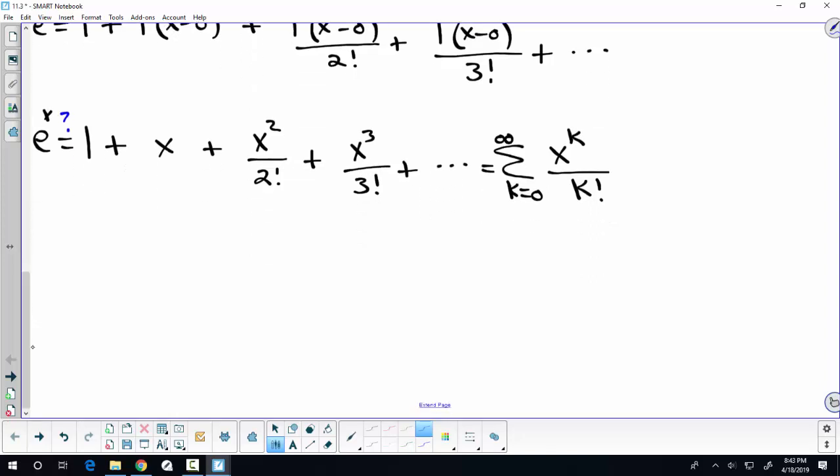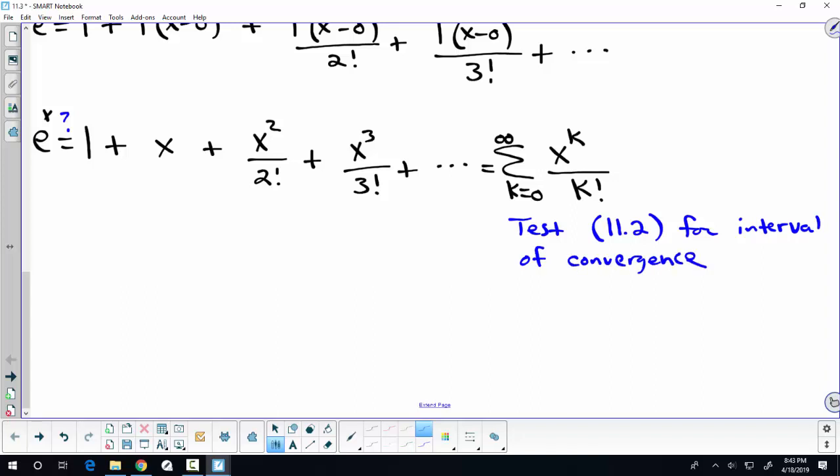So now we go back to our previous section. The interval of convergence. How are we going to test x to the k over k factorial? With what test? The ratio test. So we have our ratio is the limit as k approaches infinity. You'll recall that we did this one already.